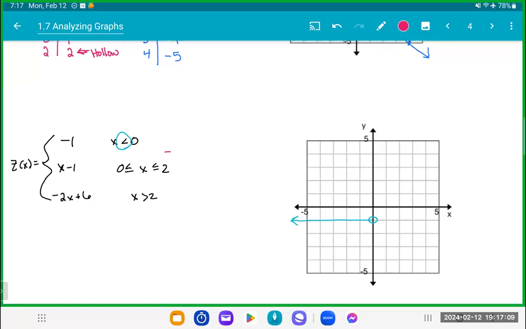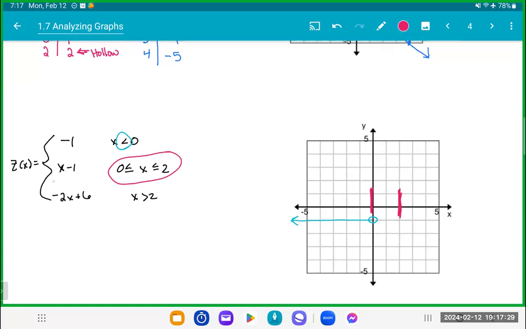We're going to look at my x values from 0. So here's 0. It includes it, so it would be solid. And up to my x values equal to 2, it again will be solid. Okay? So I could plug those into the equation.